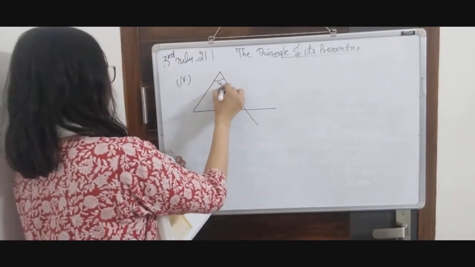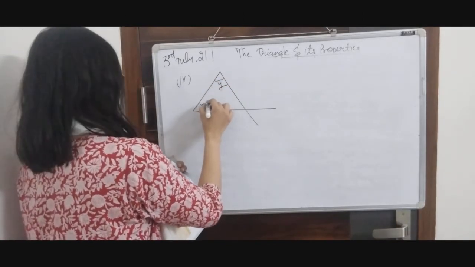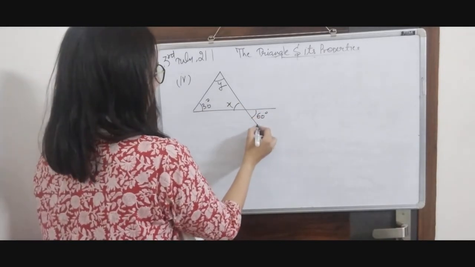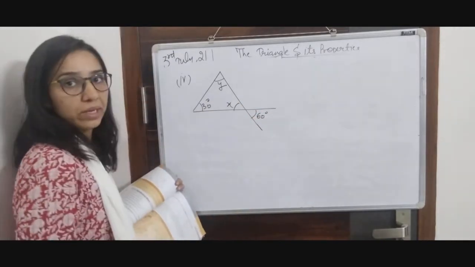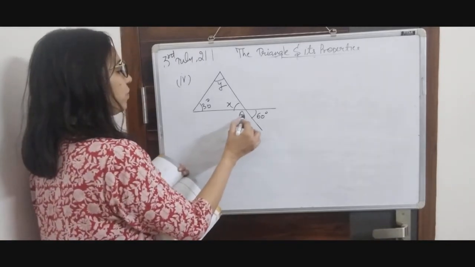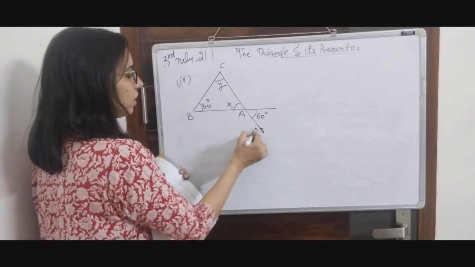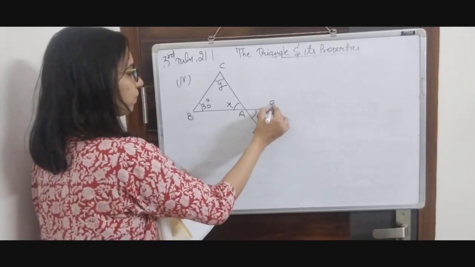This is y, this is 30 degree, this is x, this is 60 degree, and the names are not given to the triangle. So first step will be, we will be giving them names A, B, C, and the rays, this is D and this is E. Okay.